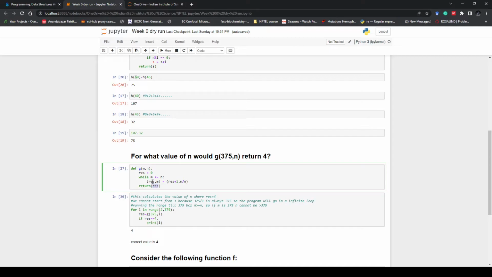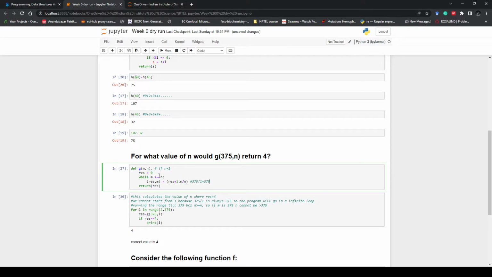Think that res is equal to 0, m is equal to 375, and n is equal to 1, correct? So then m by n will be 375 by 1, which is 375.